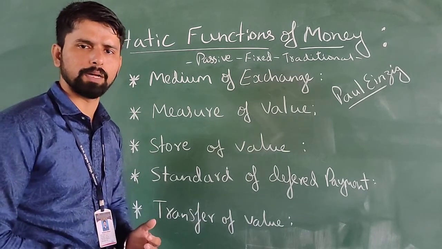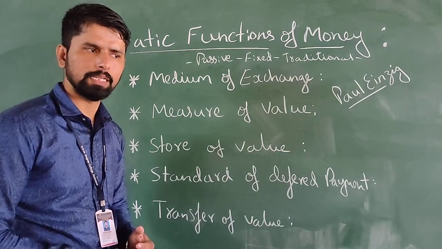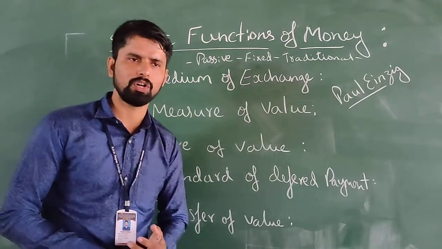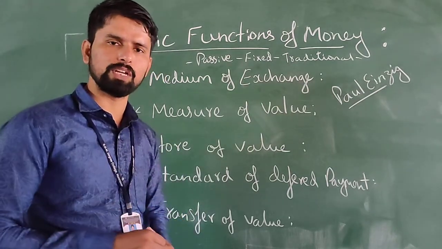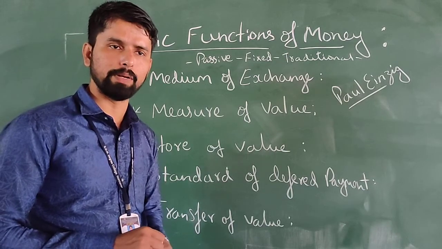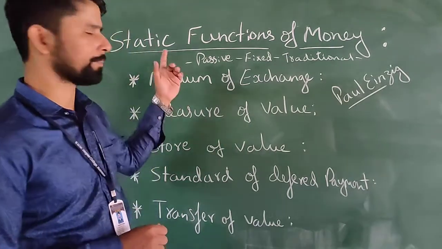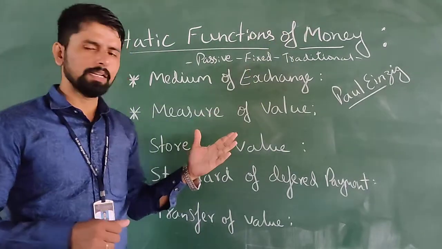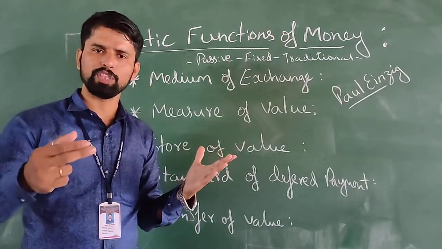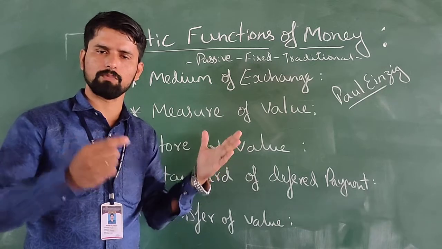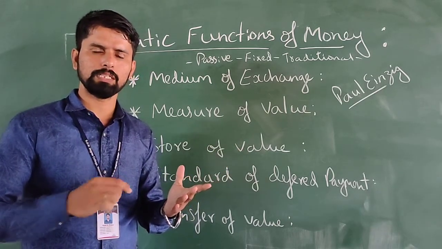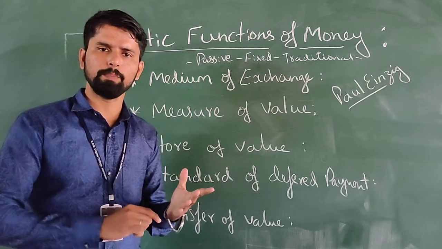universally accepted by all. There is a general or universal acceptability of the thing money. So that's why in the payment, in the exchange of goods and services from one to another, money is accepted by all the people.